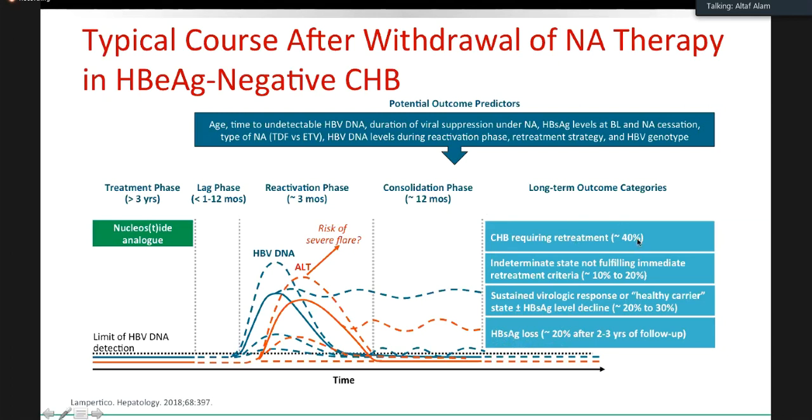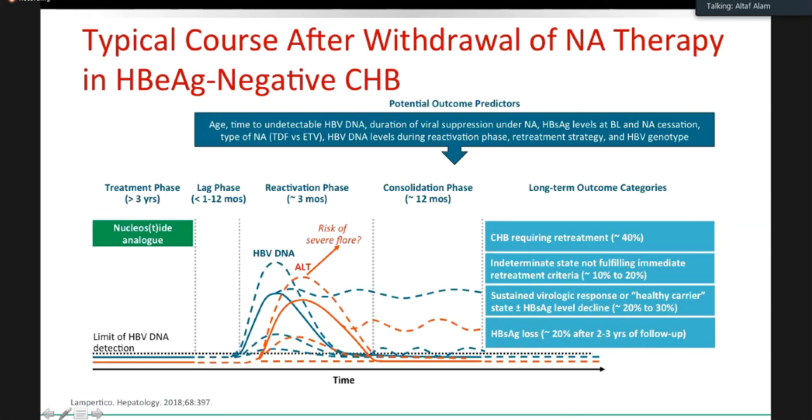Although 40% will require retreatment and the rest are in the middle, not requiring treatment, remaining stable, and not showing very high DNA levels. So that is the reason, because after flare, 20% develop surface antigen loss.